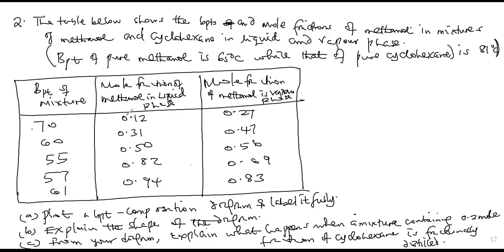So it's a matter of plotting boiling point against mole fraction. You will put appropriate scale from 0.1 maybe up to 0.94, and then you plot. You find you have something like this. Then you explain appropriately using the ideas we have looked at.